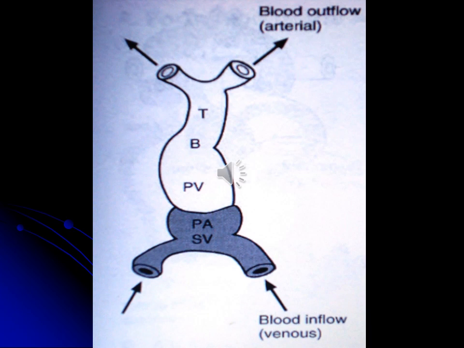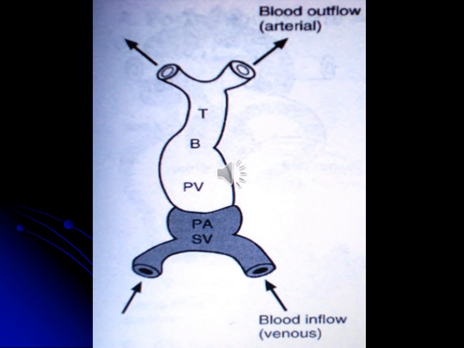Naturally, the truncus arteriosus is becoming two arteries, the great arteries, the pulmonary trunk and the aorta. So that end of the heart is called the arterial end, and its opposite, the caudalmost portion, which belongs to the sinus venosus, is called the venous end of the heart.